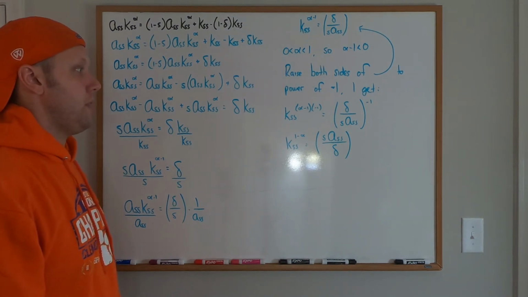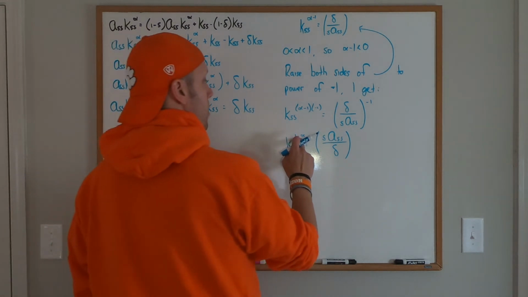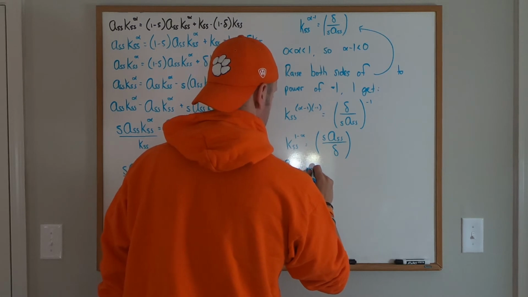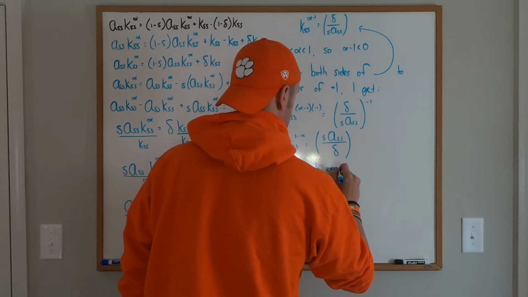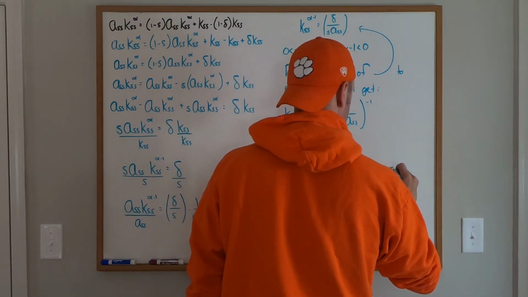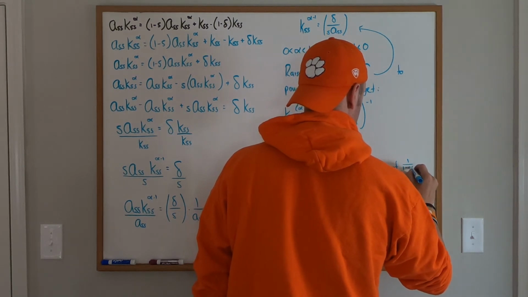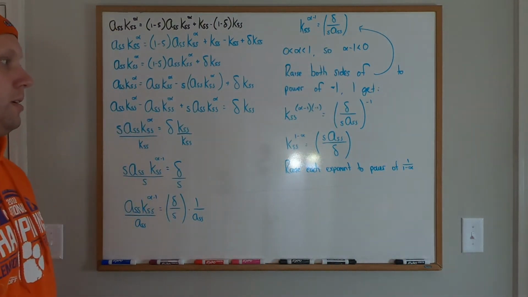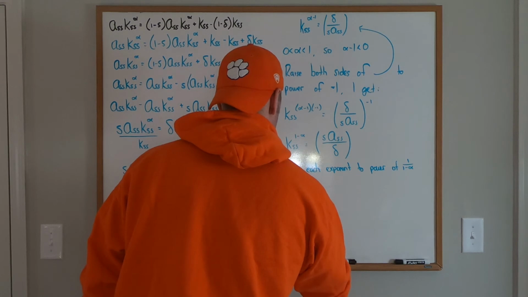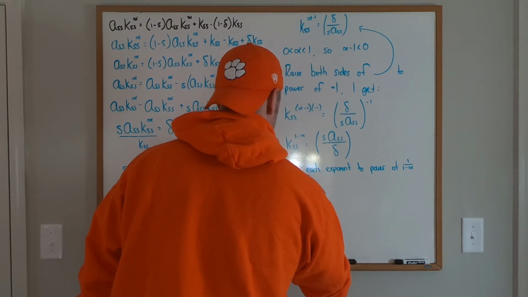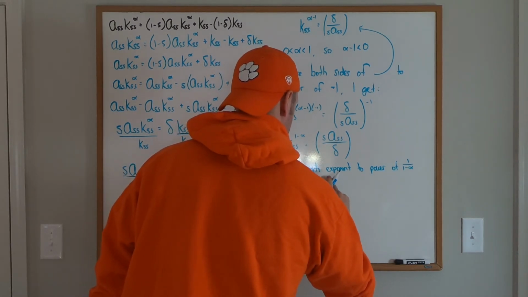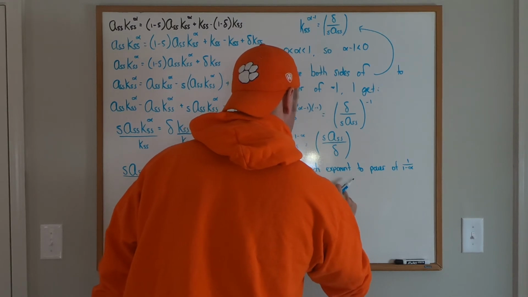Now there's one last thing I have to do. Raise each side to the power of 1 over 1 minus alpha. I keep trying to write a capital A there.